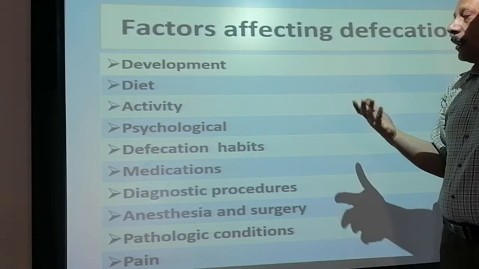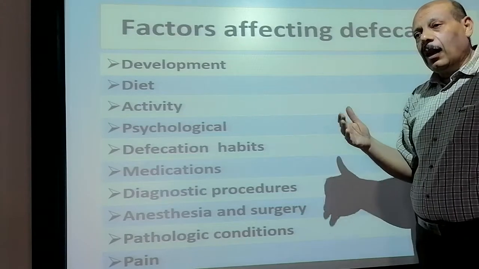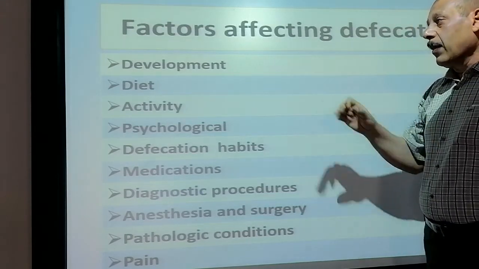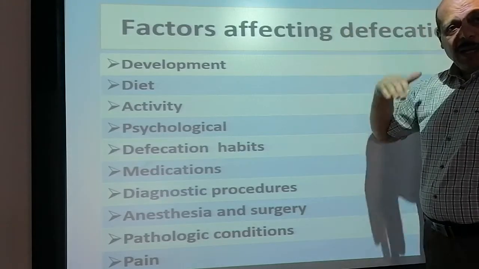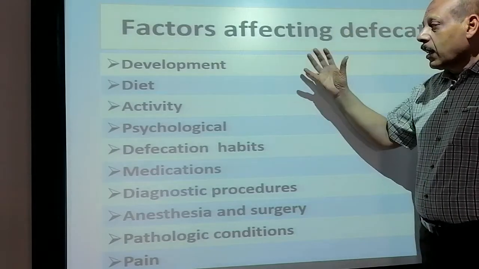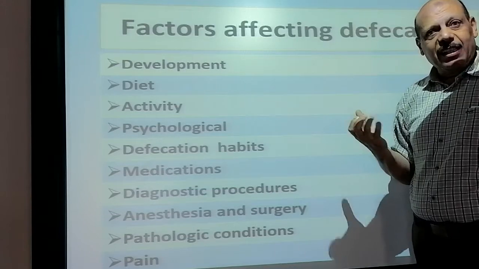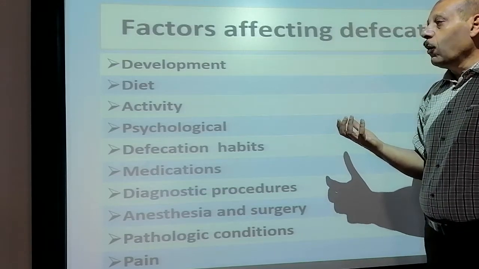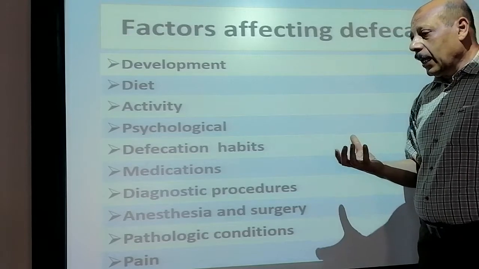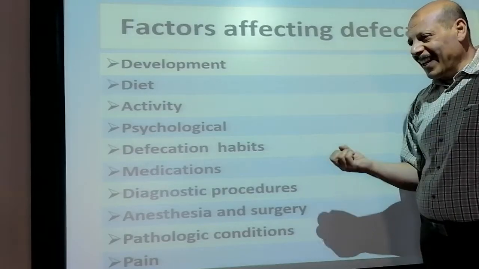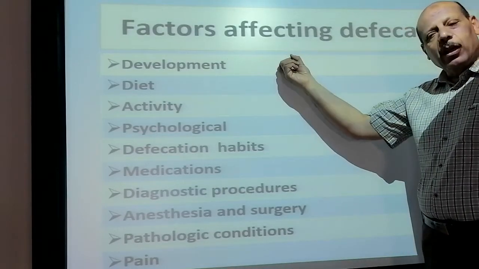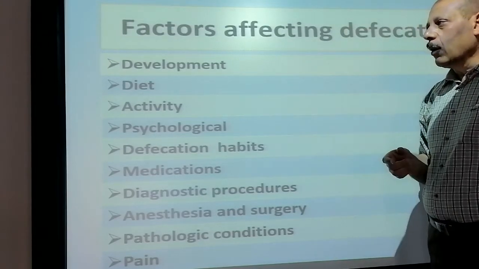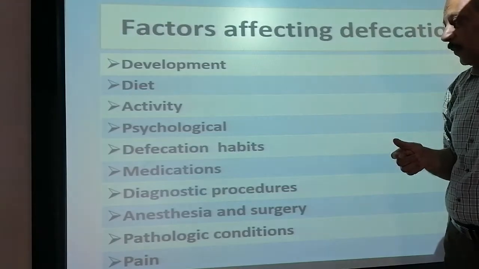Then after that, there are many factors that will affect it. With aging, in old age, our movement and our activity will decrease. By that, the peristalsis movement will also be sluggish. In this case, at old age they will mostly complain of constipation.